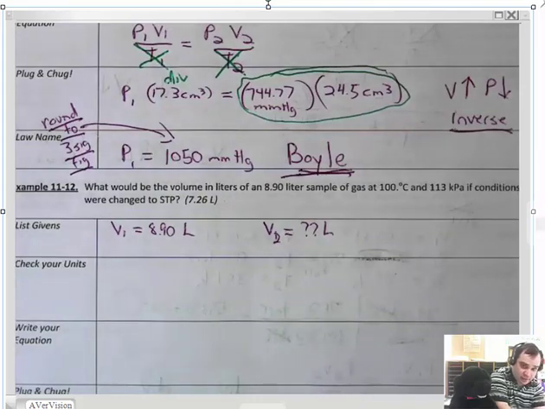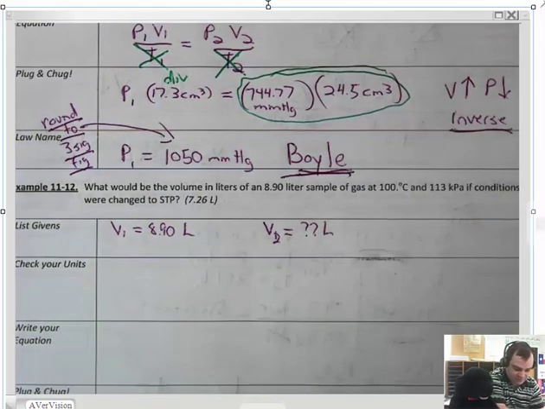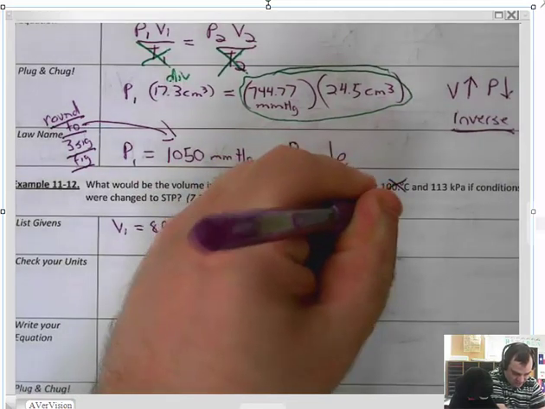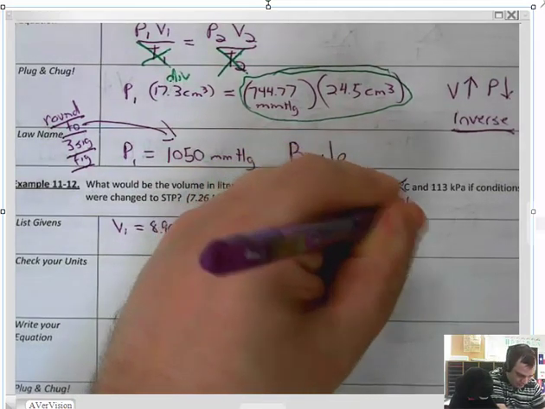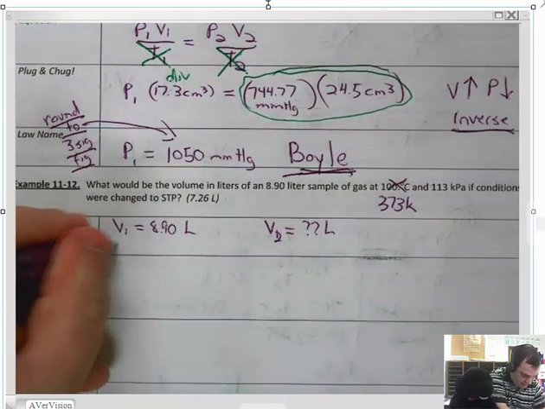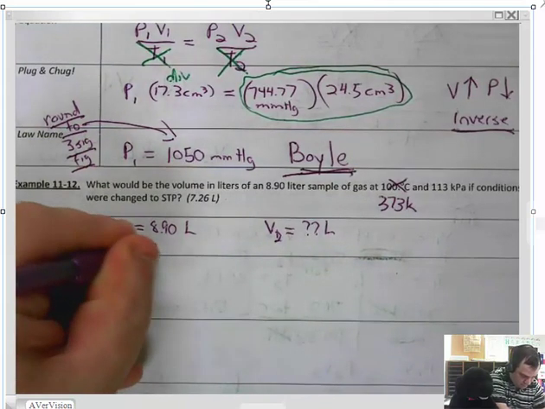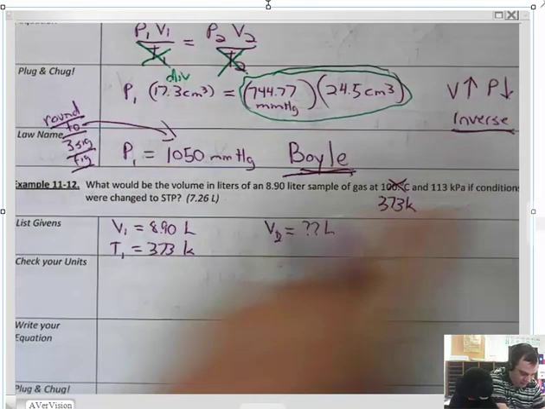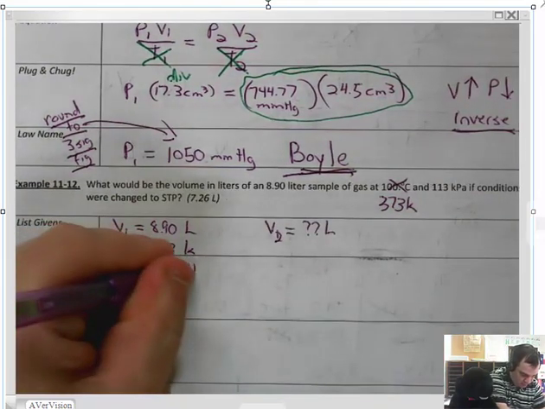Sample of gas at 100 degrees Celsius. You're right, Darian. We cannot use Celsius. This is going to be 373 Kelvin, because remember, we have to add 273 to get the Kelvin. And 113 kPa. We know that kPa is a pressure.